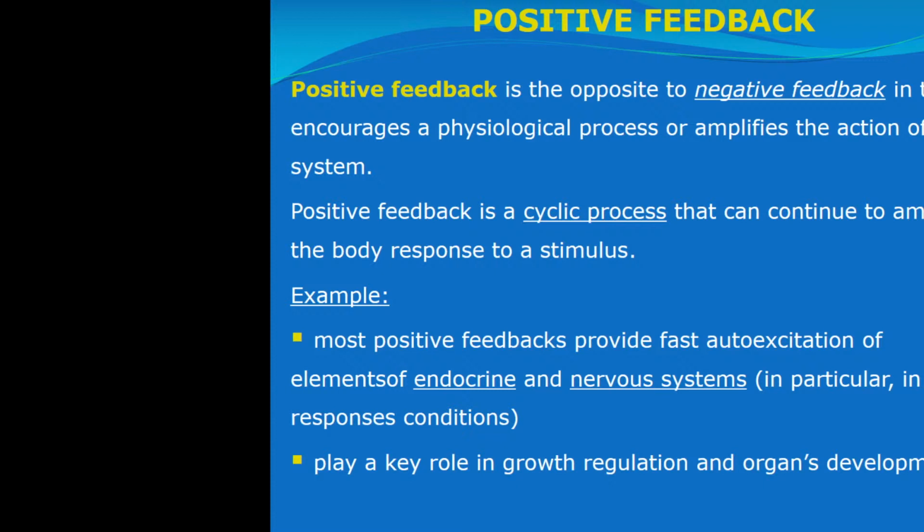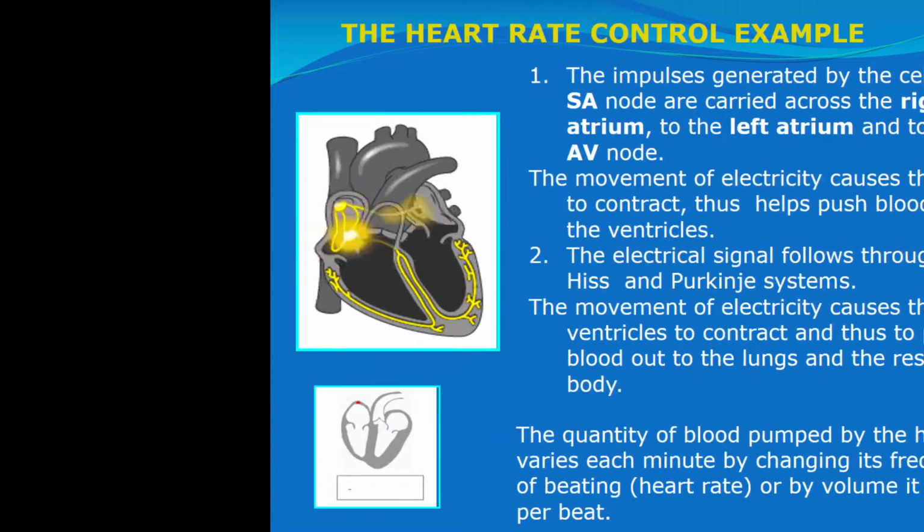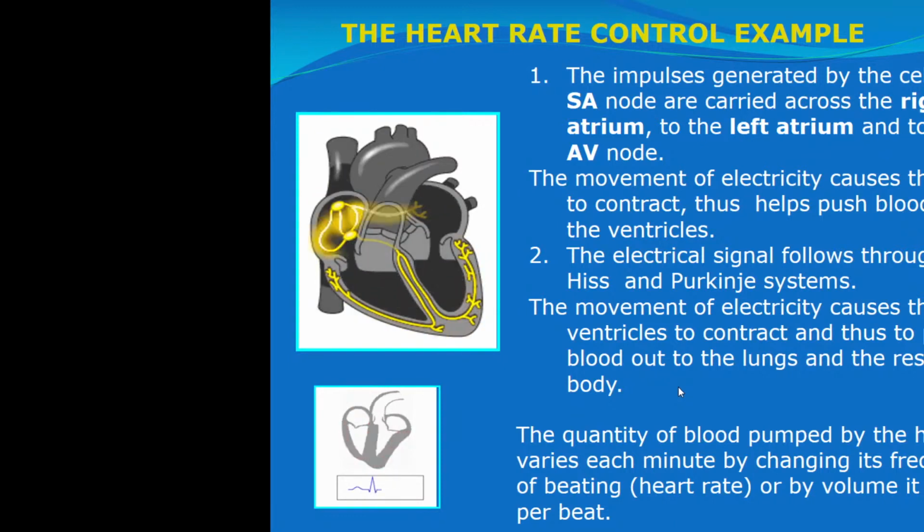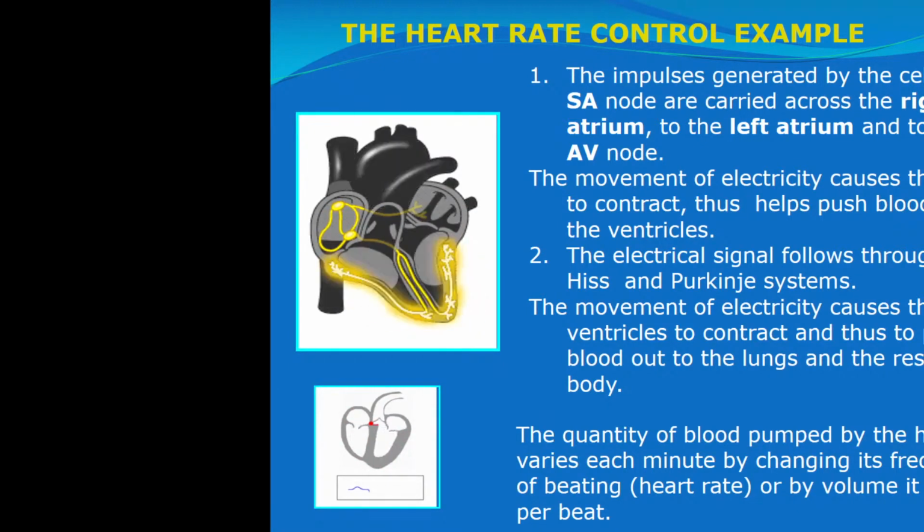Most positive feedbacks provide fast auto-excitation of elements of endocrine and nervous systems, in particular in stress response conditions. Positive feedback plays a key role in growth, regulation, and organ development. On this slide, you see the heart rate control example.